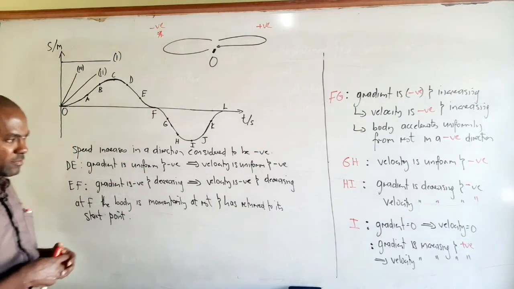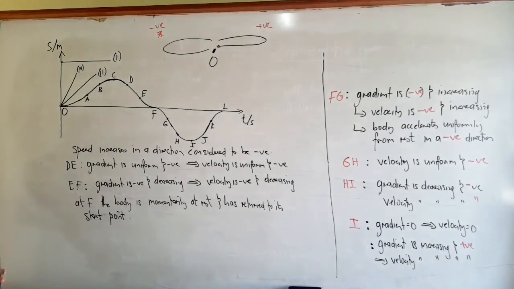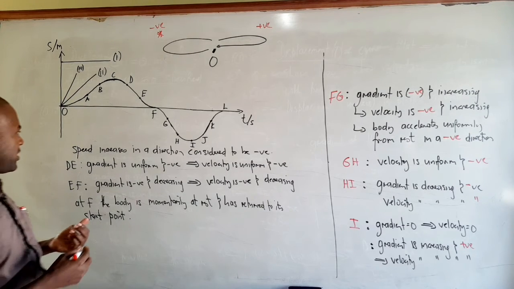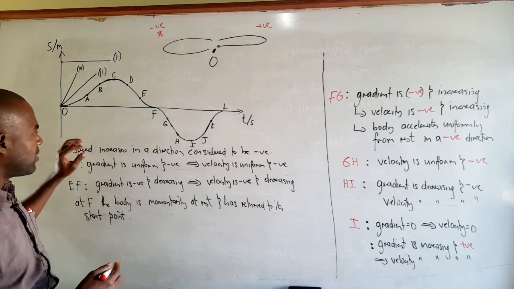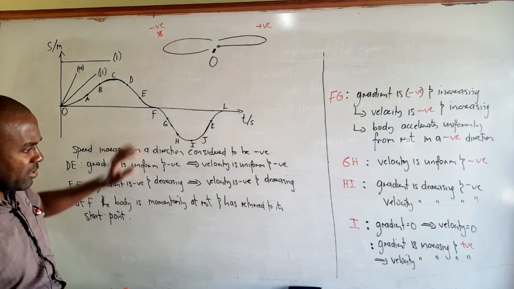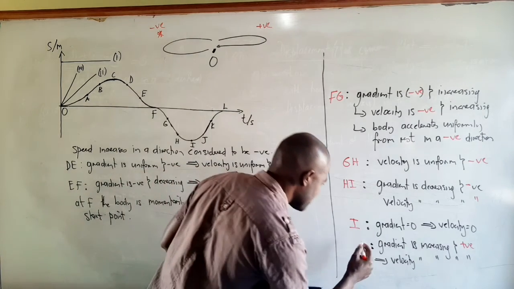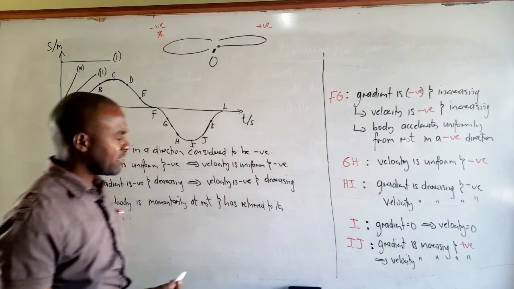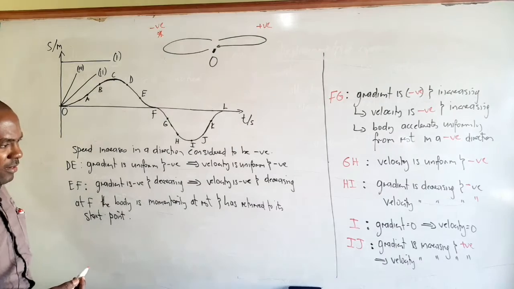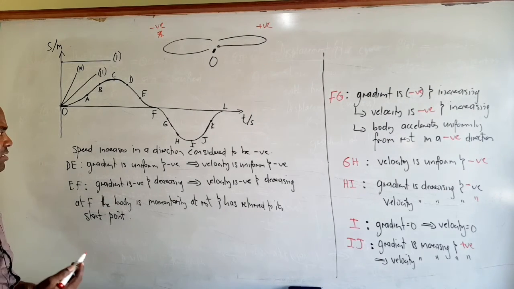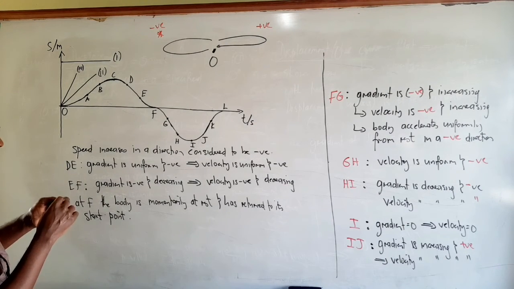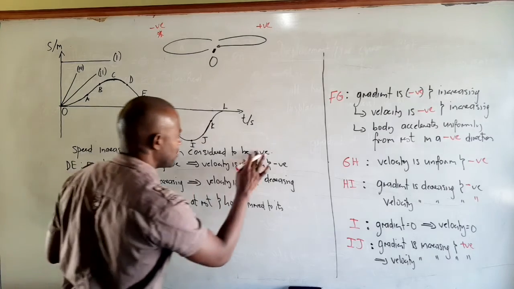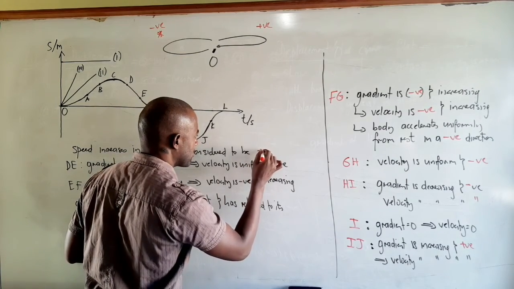positive, right? For IJ, the gradient is increasing and positive, and therefore the velocity is increasing and positive, and the speed increases in a direction considered to be positive, right?